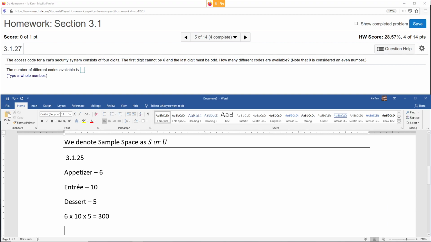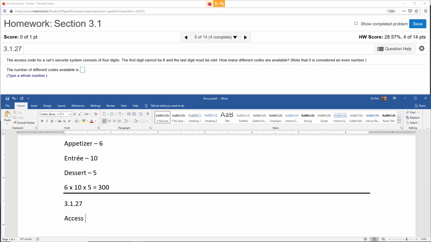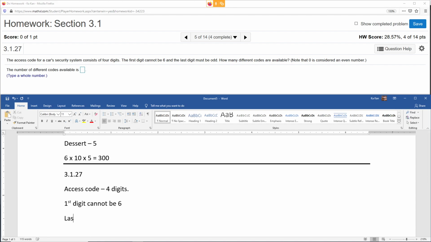Now the next one is the access code. So 3.1.27. The access code has 4 digits, but the first digit cannot be 6, and the last digit, the fourth digit, must be odd.